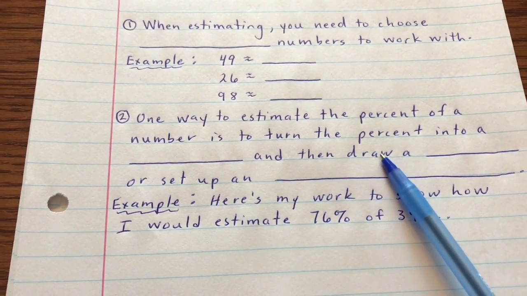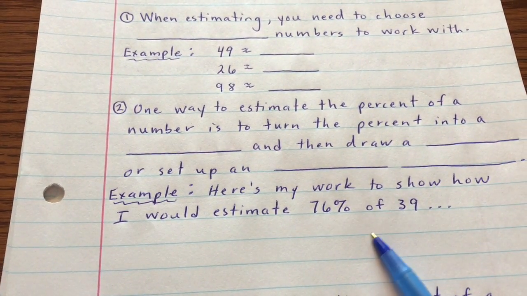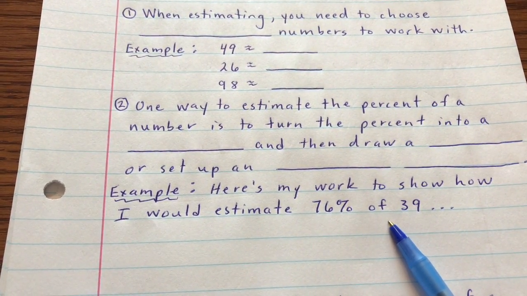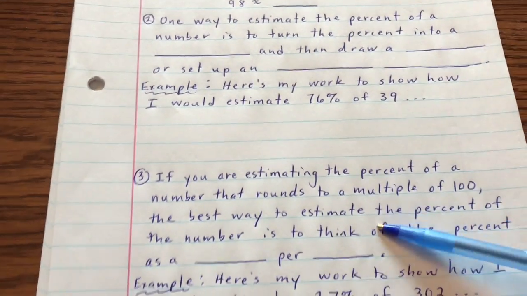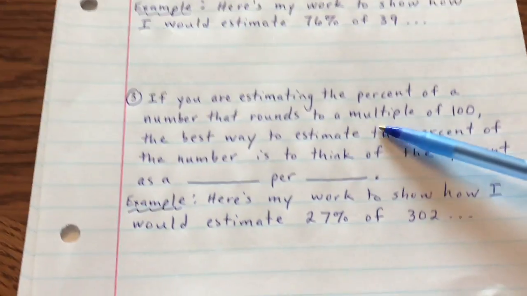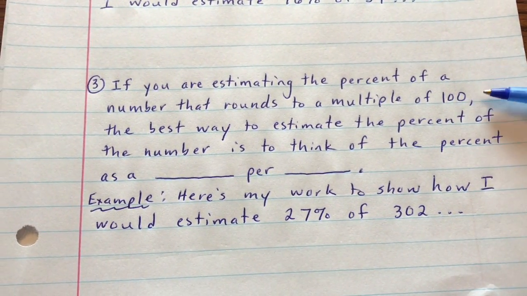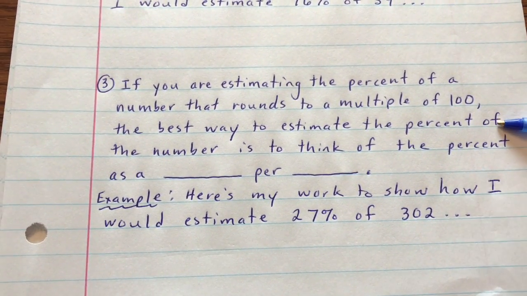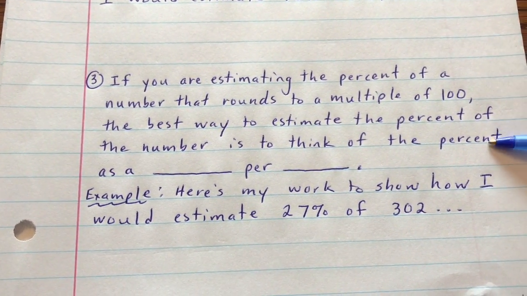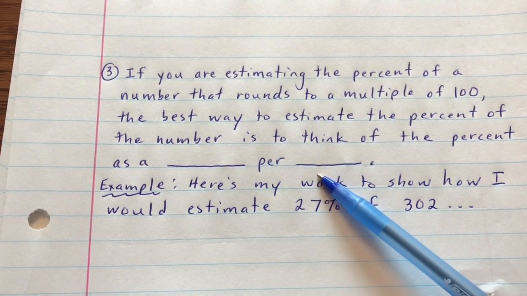Now, using this method, do the example. Here's my work to show how I would estimate 76% of 39. Now, the last method that we looked at in the book was something different. That's number 3. If you are estimating the percent of a number that rounds to a multiple of 100, the best way to estimate the percent of the number is to think of the percent as a blank per blank.